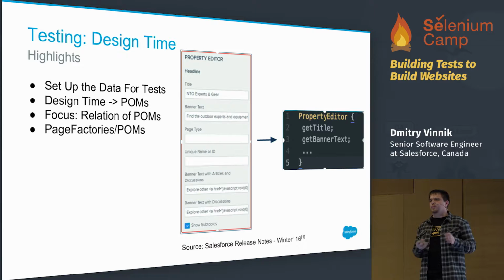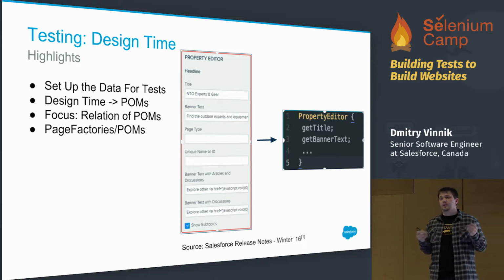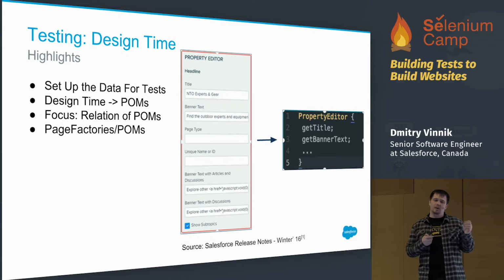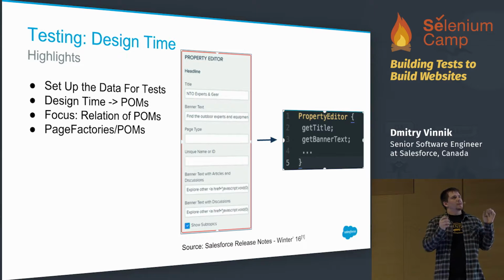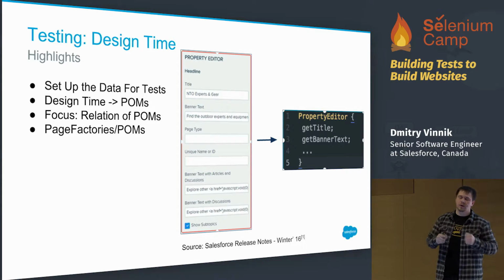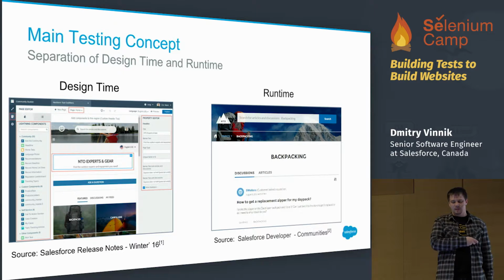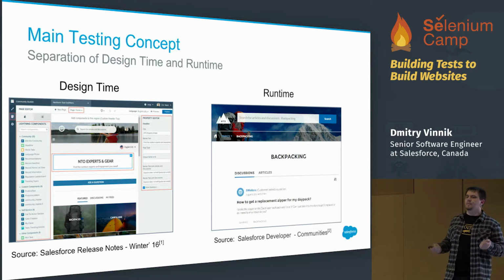Next, a few points about the focus of your work, which is on a page object. But you might say that the page object is what drives any WebDriver tests. But in this case, what I'm trying to highlight is the idea that all those page objects are interconnected, and each subsequent page object actually gets defined by the caller. To explain it more, think of this slide: if you are looking into one of the components, the one that says NTO experts here, this is a banner component.